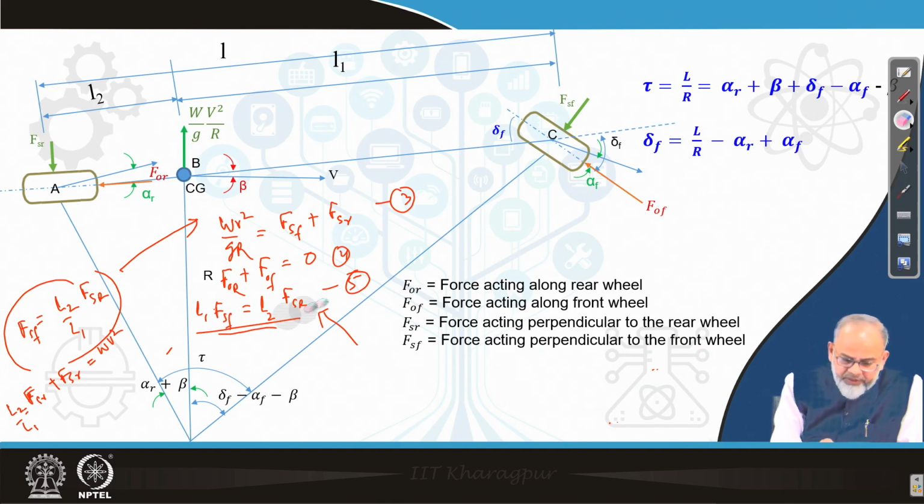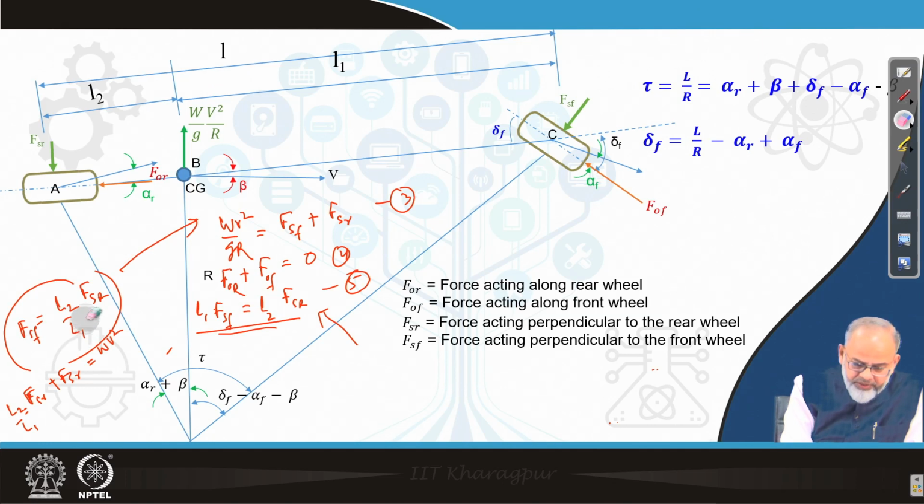Now, from equation 5, F_sf is L2 by L1 F_sr, or F_sr will be equal to L1 by L2 into F_sf.